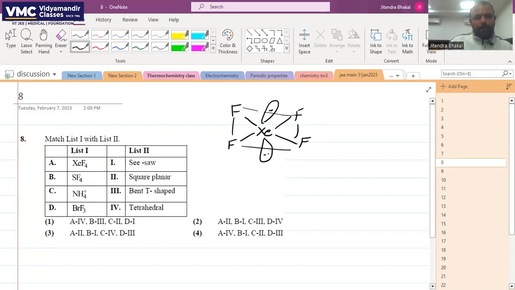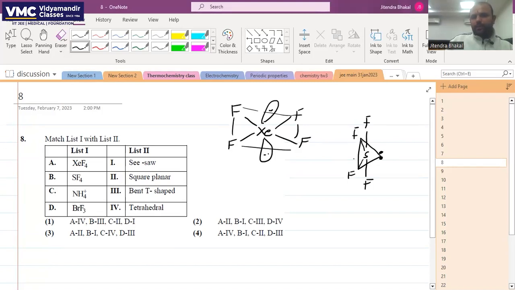Then B, SF4. SF4 geometry is trigonal bipyramidal. So in the trigonal bipyramidal system, this is the sulfur atom, one fluorine, another fluorine, and this fluorine, and one lone pair is there.